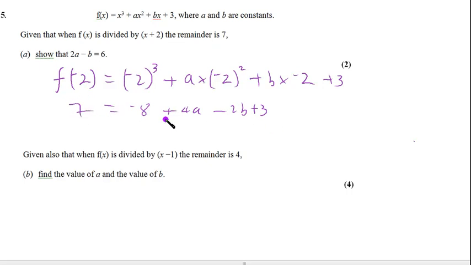Let's simplify that. So we get minus 8 plus 3 is minus 5. Add that on to 7 gives us 12 equals 4a minus 2b. So therefore 6 will equal 2a minus b.